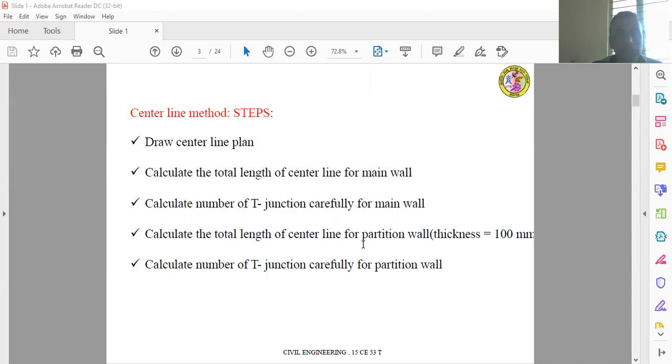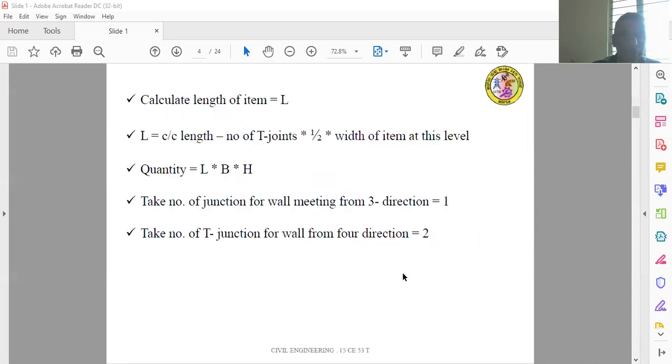Normally the thickness of the partition wall is 150 mm or it may be 20 centimeter or 200 mm. Then you also calculate the number of T junctions for the partition wall very carefully. Where the partition wall meets the main wall, you have to consider it a T junction for a partition wall.